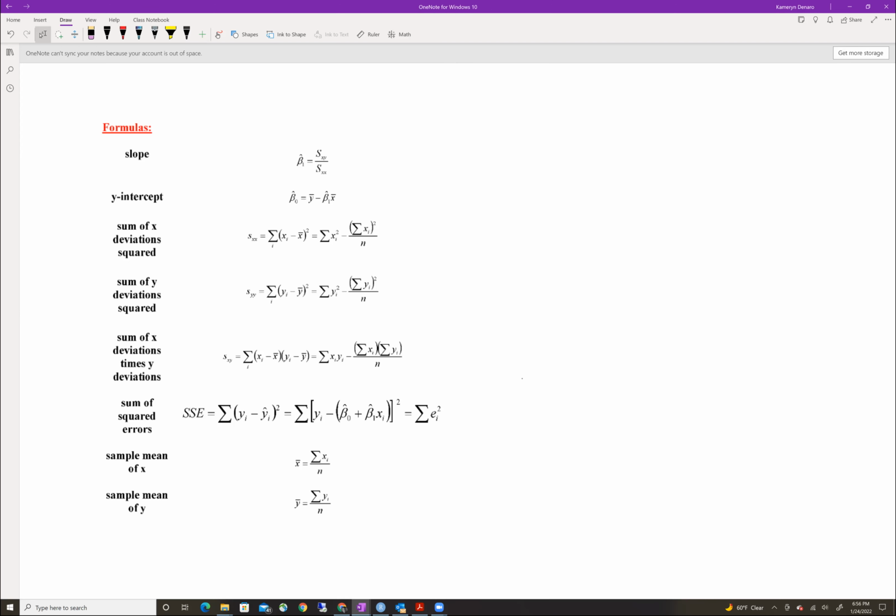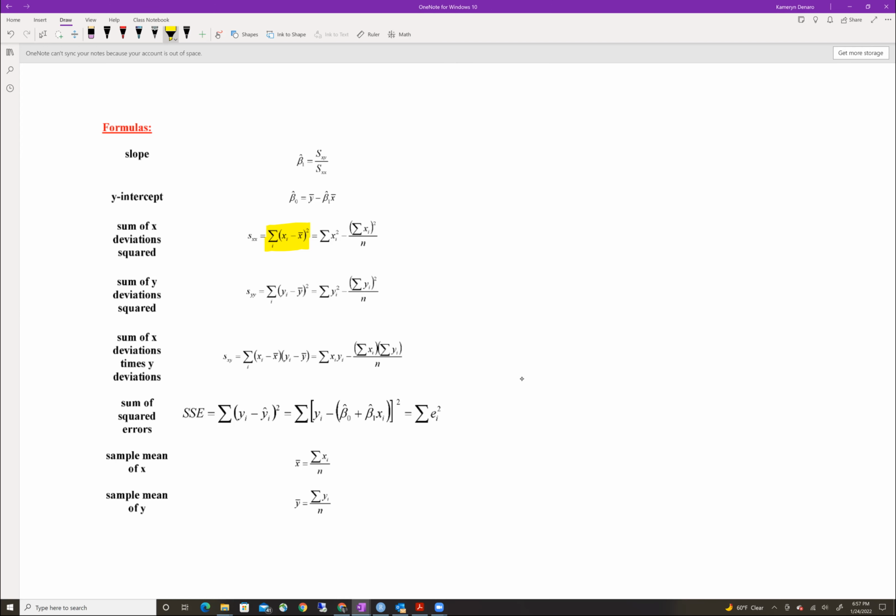The sum of the x deviations squared is just our xi minus x bar. Deviation means subtraction. And since we said x deviations, that's every observed xi value. That means every single person in your data set, what was their observed explanatory variable? And then x bar is just the mean of all those x values.